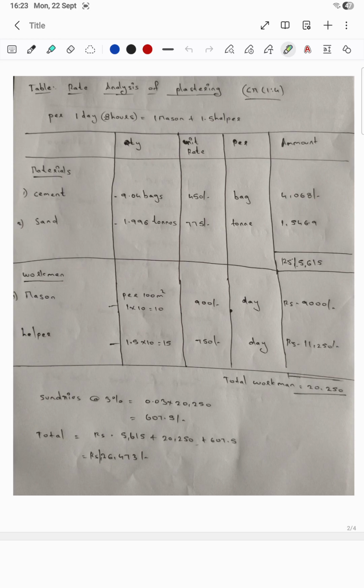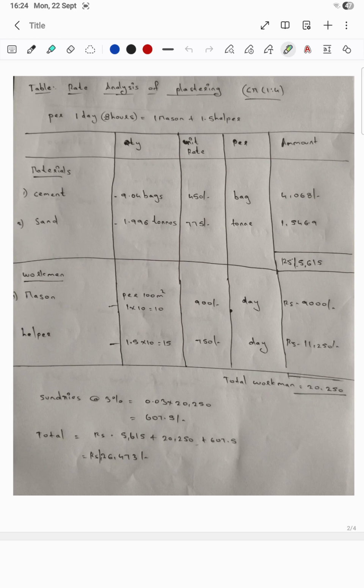Now we are calculating the quantity for workmen. The workmen we want for plastering are mason and helper. For 100 meter square, here 10 meters and 10 meters, so for 100 meter square 10 into 1 is equal to 10 members. We want 10 masons.